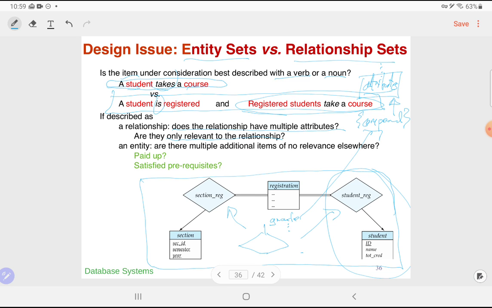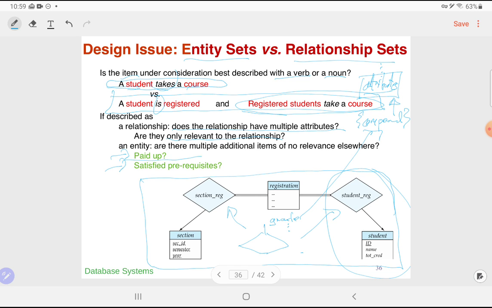If, on the other hand, the multiple attributes cannot reasonably be made into a single compound attribute, for example, registrations that's done for multiple separate courses, as in the case of a student who is full-time registered, are they paid up? Have they satisfied prerequisites?